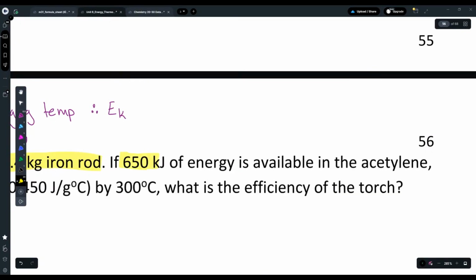Now, with this 650 kilojoules of energy being available in the acetylene, when you're running an acetylene torch, you're burning acetylene, so that's undergoing a chemical reaction.